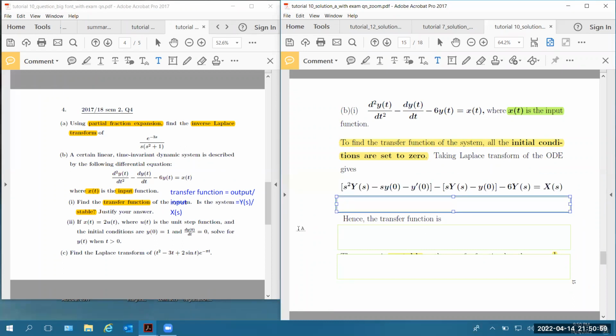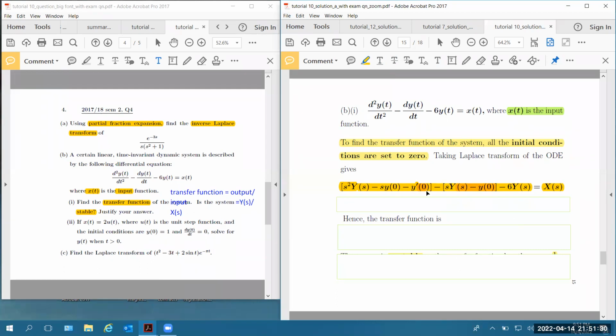So you will just get like that. Your d2y/dt squared will give me this bracket here, then your dy/dt will give me this second bracket here. Then your y(t) will just give me the minus 6 Y(s), and your x(t) will just give me the X(s). This is after Laplace transform.